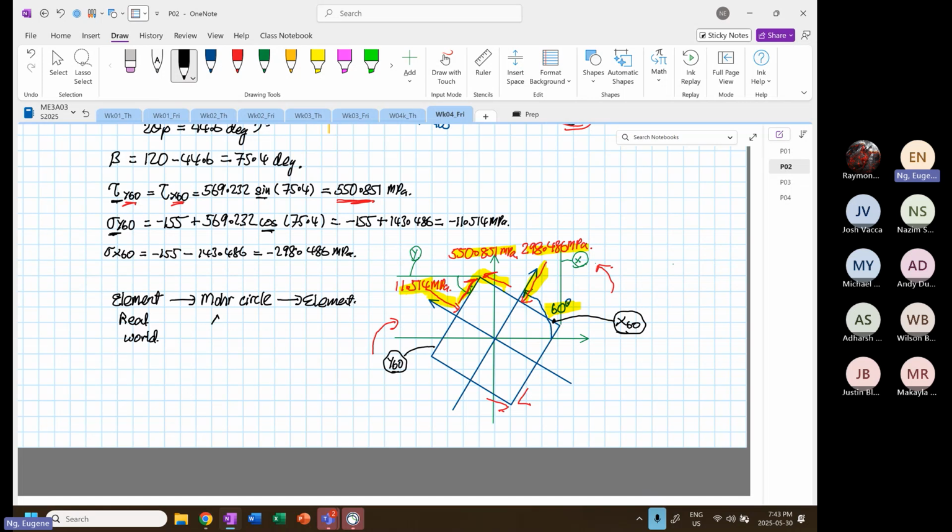This is the analysis, right? So from the analysis, you have to bring it back to the real world. It's important that you can do both ways. If you can do all this, you can comprehend Mohr circle. I will post homework 3 on Monday.